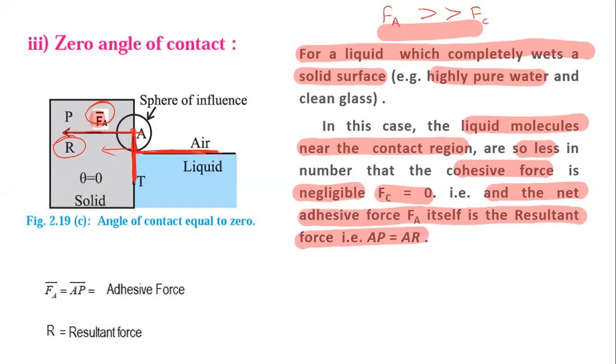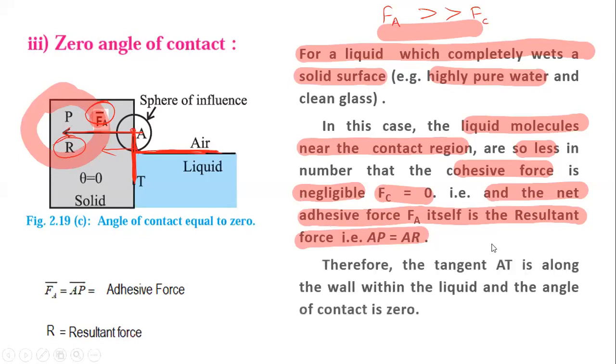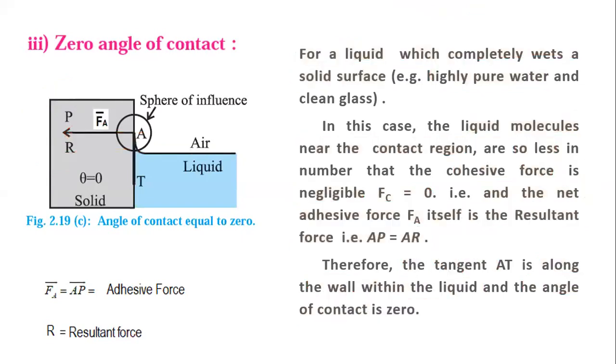Meaning, whatever the adhesive force is, that is the resultant force. And because of that, we get a plane surface here. Therefore, the tangent is along the wall of the liquid and the angle of contact is zero. The reason I explain again: near the molecule A, a very negligible number of other molecules are there.